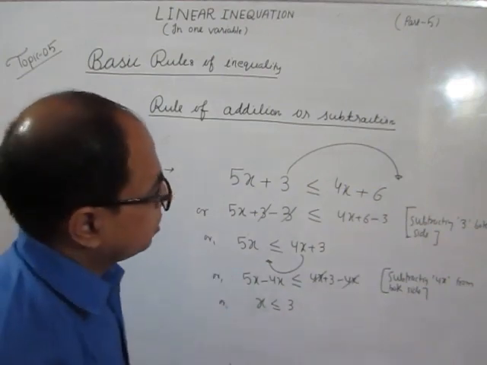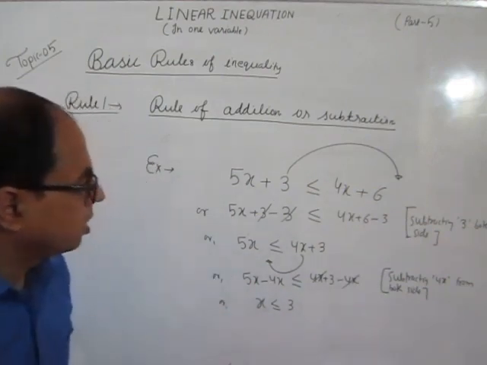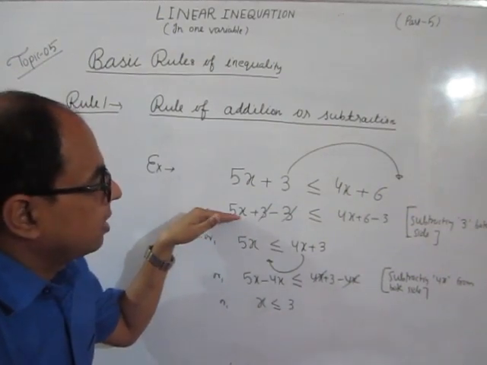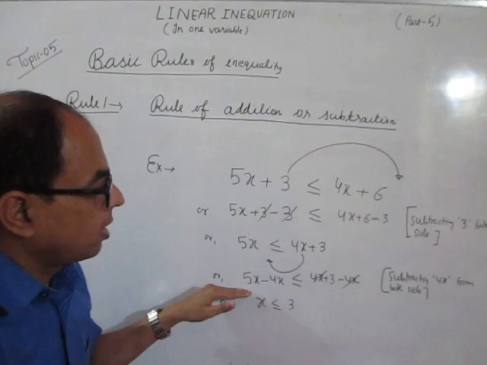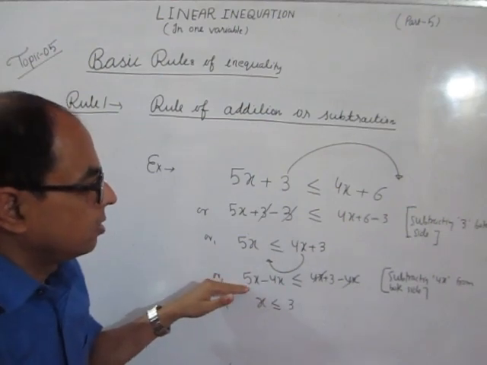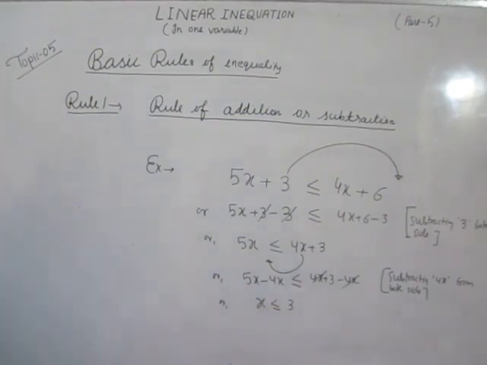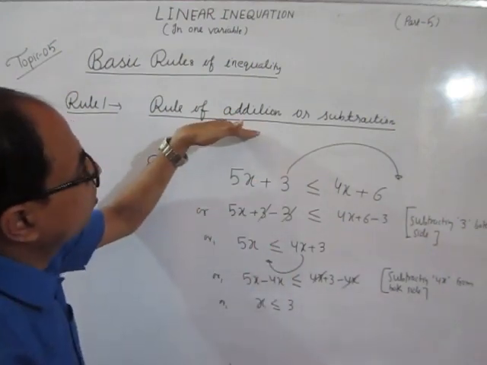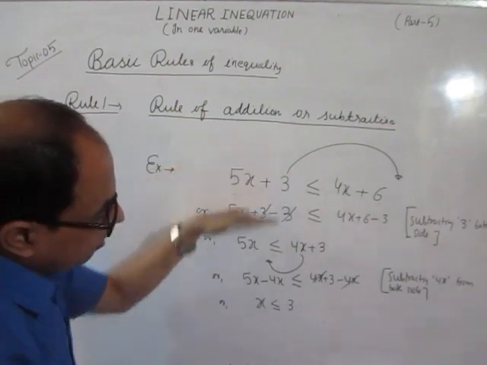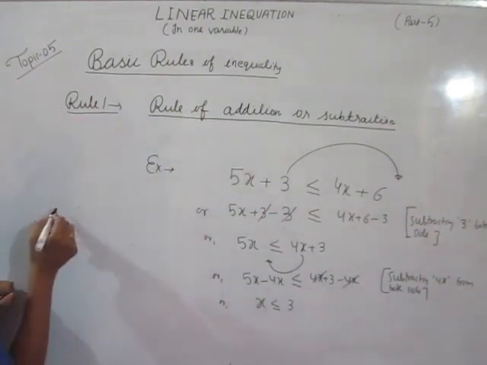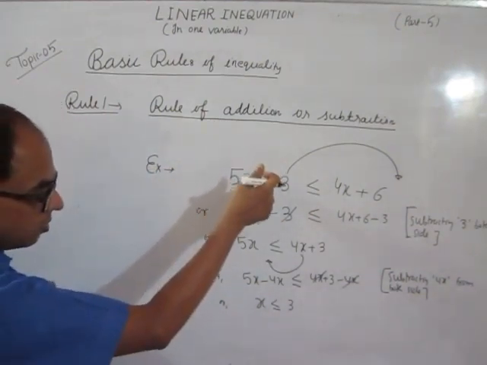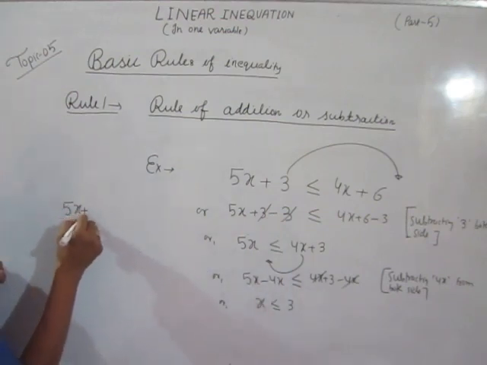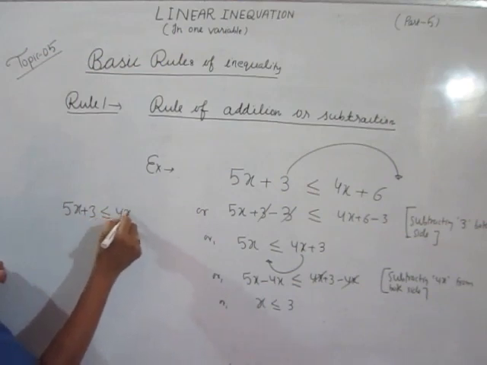So in the question we can ignore these steps. Directly we can write here. See how? I have explained each step, how this rule helps during the calculation. Now we can do all this calculation in fewer steps. 5x plus 3 less than or equal to 4x plus 6.